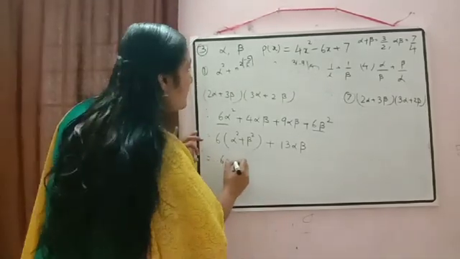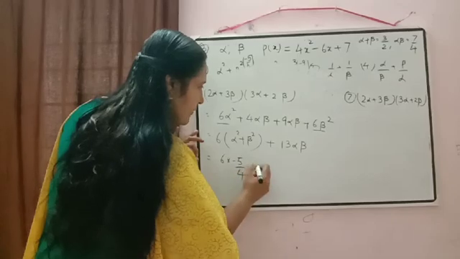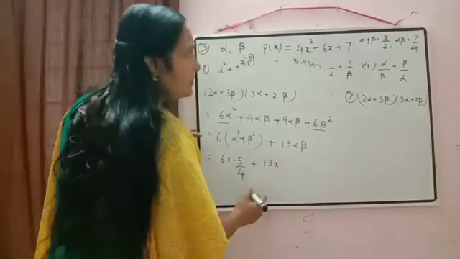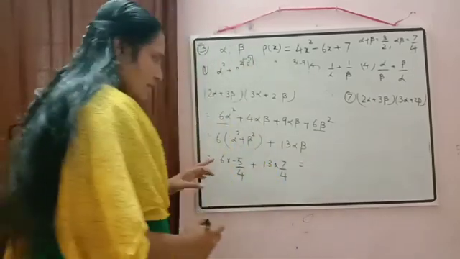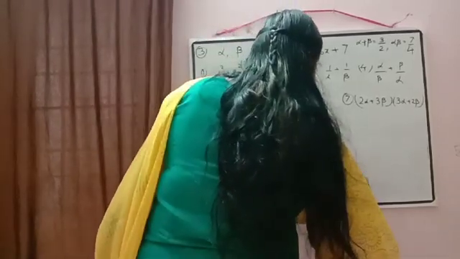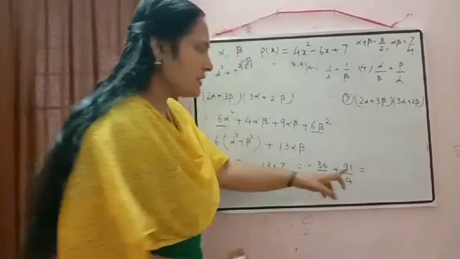So 6 into minus 5 by 4 plus 13 into alpha beta is 7 by 4. 6 into minus 5 by 4, so that will be equal to minus 30 by 4 plus 13 sevens is 91 by 4. Now just to do the subtraction there, 91 minus 30 will be equal to 61 by 4.